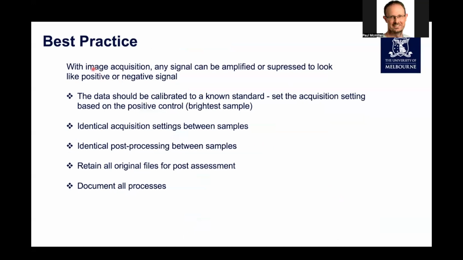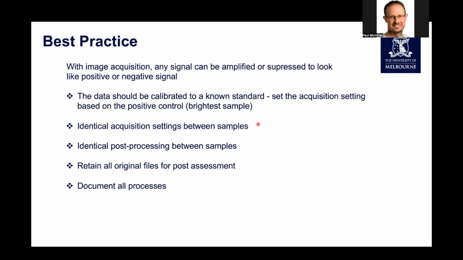All right, so best practice with your image acquisition: any signal can be amplified or suppressed to look like positive or negative signal. Ideally, we want to calibrate that data to a known standard. Certainly if you're doing intensity-based readouts, I normally suggest you have an internal control within your experiment that you can normalize to.